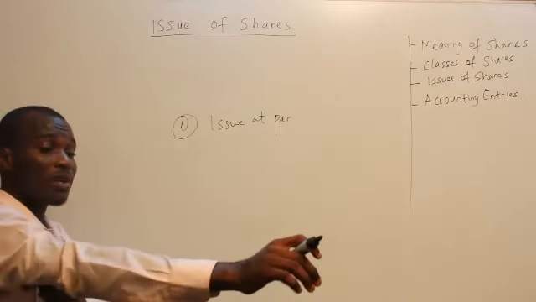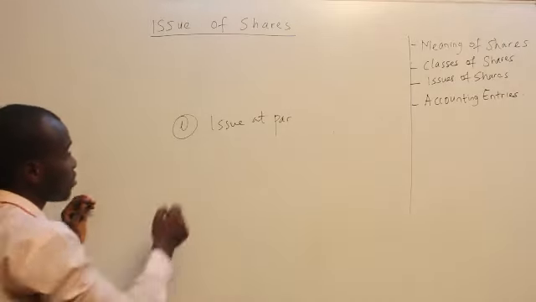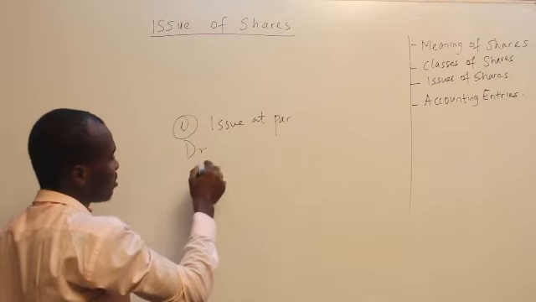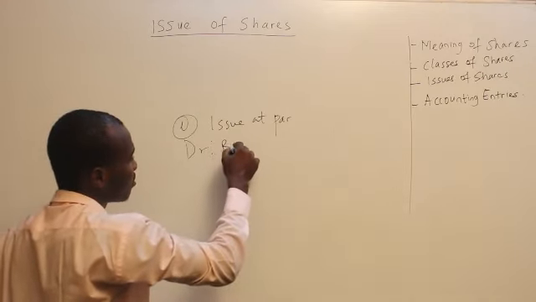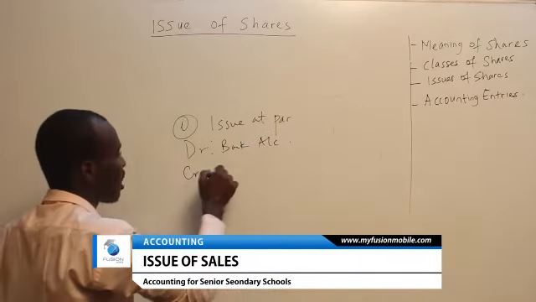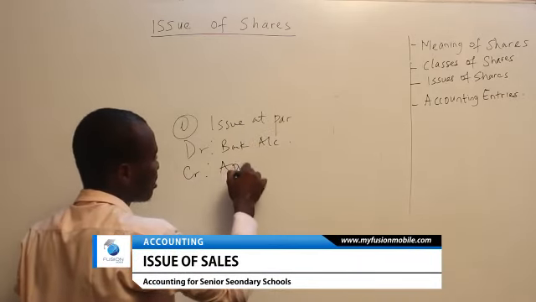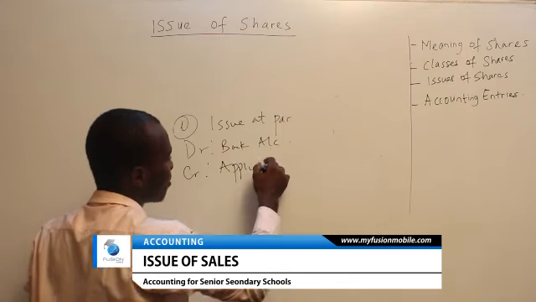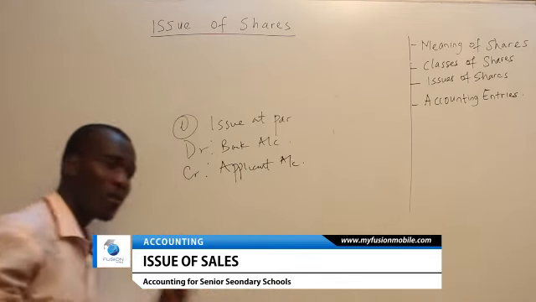So when we receive the applicant's application money, the first thing we are going to do is debit the bank account and credit the application account, that is the applicant account. That is for the money received on application.